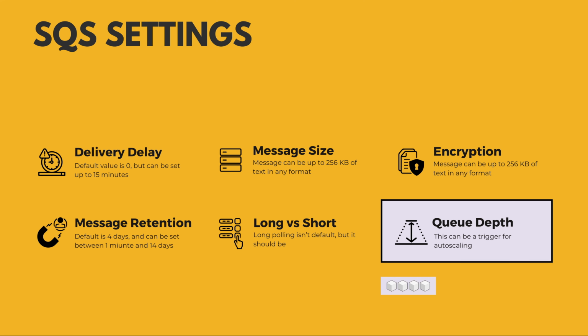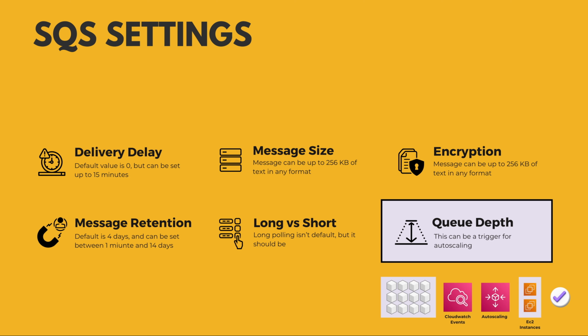So let's suppose that as the messages accumulate and the depth or size increases, we can use CloudWatch to trigger auto scaling as a service to add more instances to process the data. And as the queue depth decreases, we can scale down the instances.